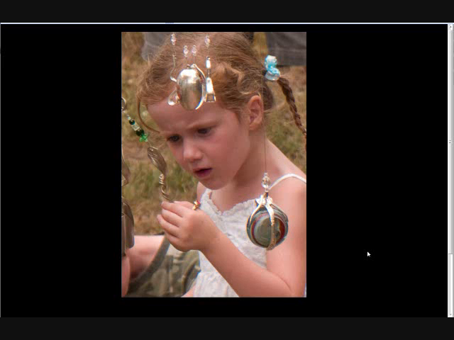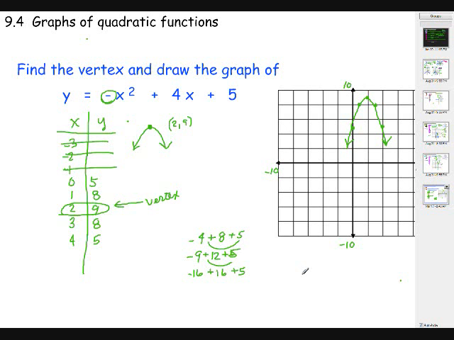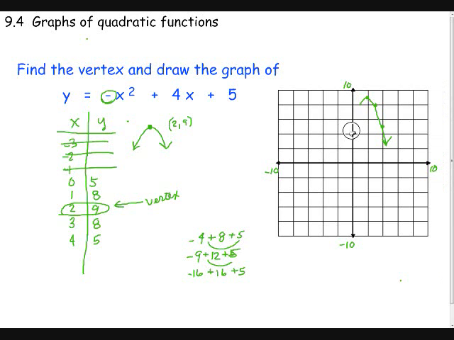For those of you who are curious, and for those of you who are interested in a little bit more, I want to show you something else we could do here to find the vertex. Let me just erase the work we've done. I'll leave the scale there.